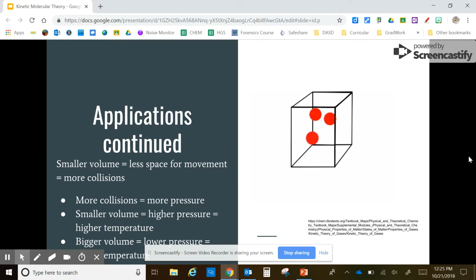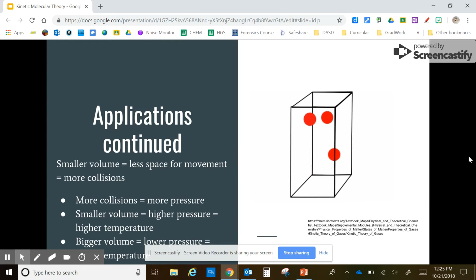So when we look at the kinetic molecular theory, we're essentially looking at three individual variables: temperature of a gas, pressure of a gas, and volume of a gas. Now, we're looking at this in terms of their relationships with one another. The way these are more detailed described in chemistry is actually called gas laws.